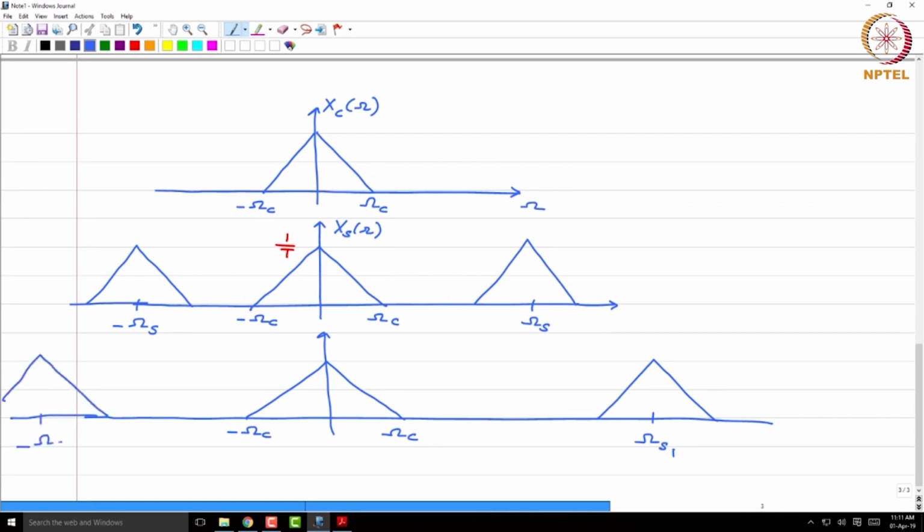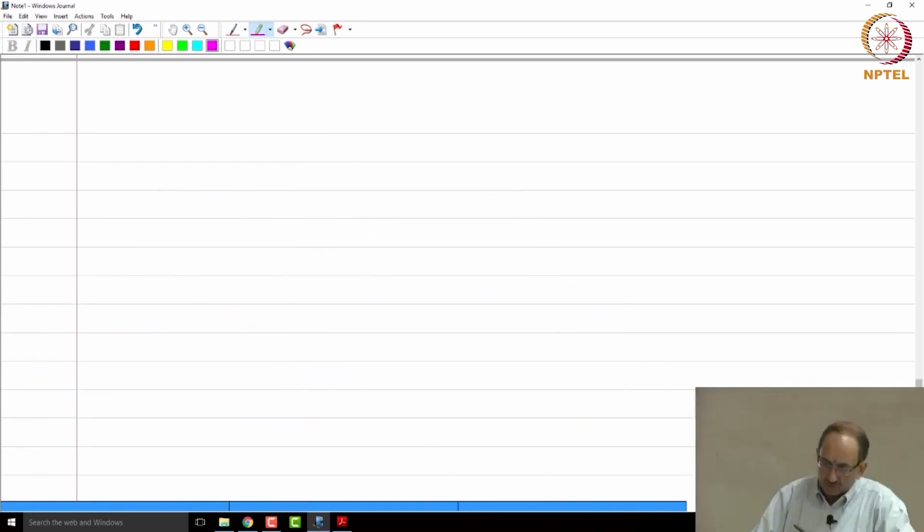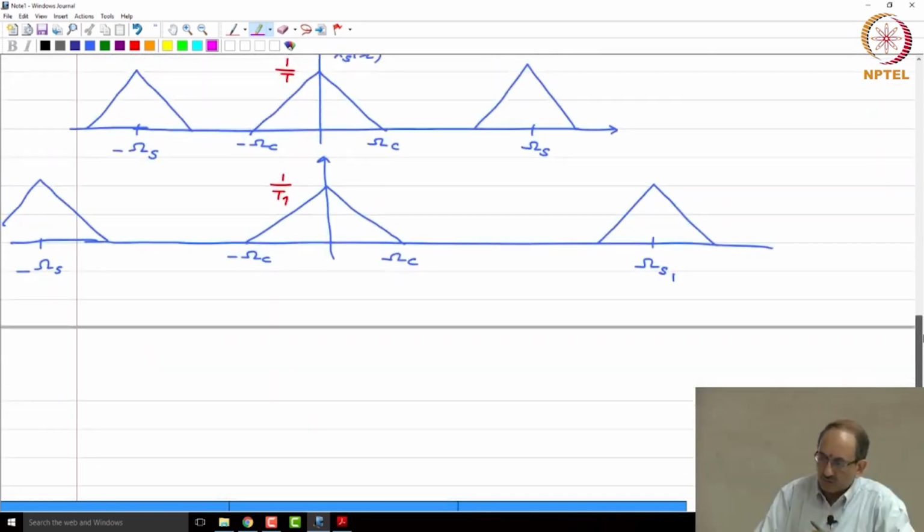So, this will be minus omega s1, and this of course will be 1 over T1. So, the amplitude scale factor goes up, the repetitions occur later. Again, these are not to scale. I have shown them by the same height, but what is really meant is the heights are also different.